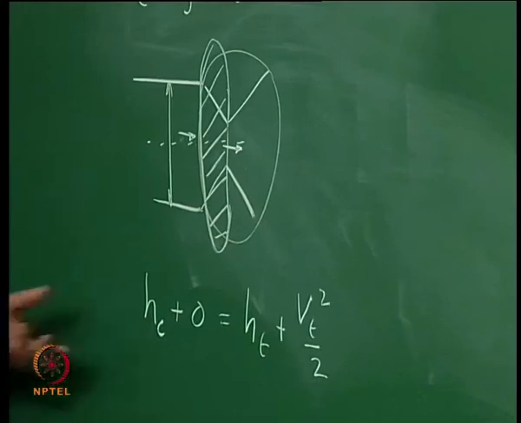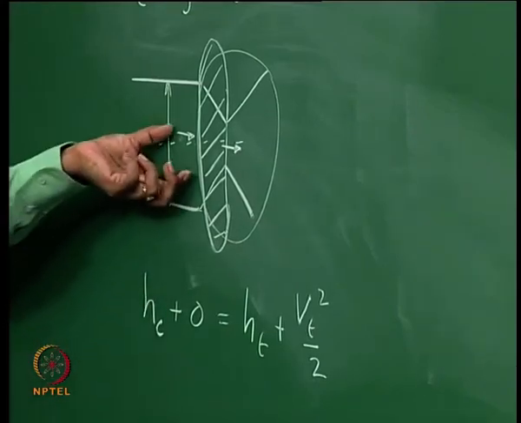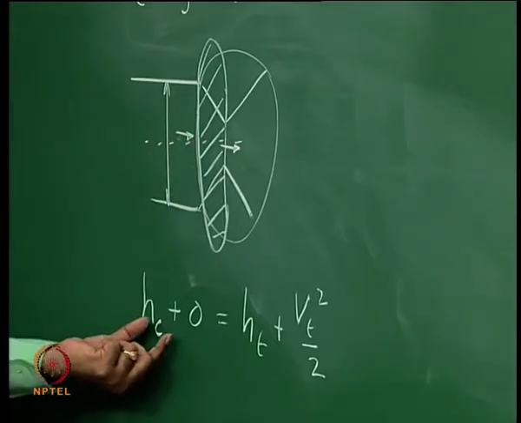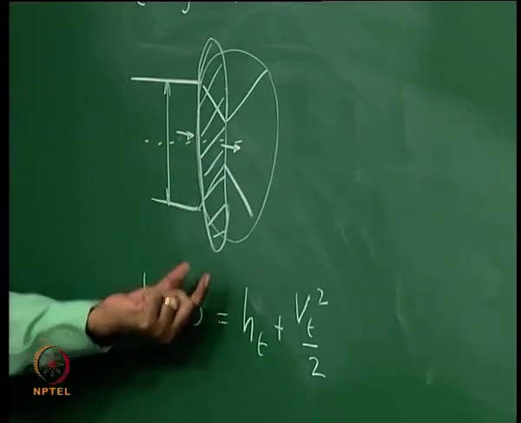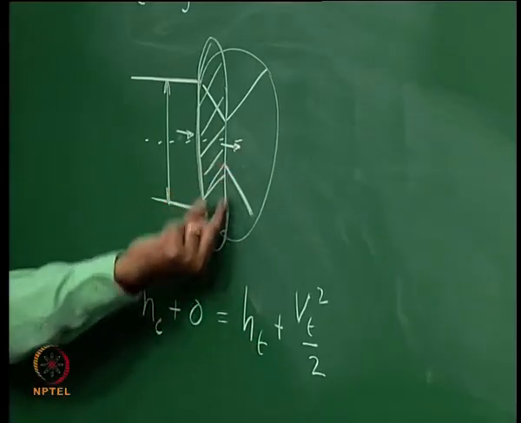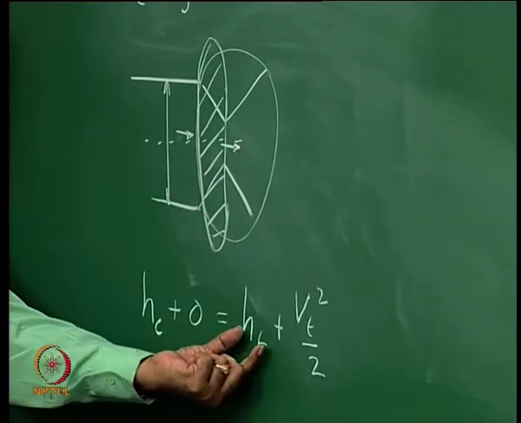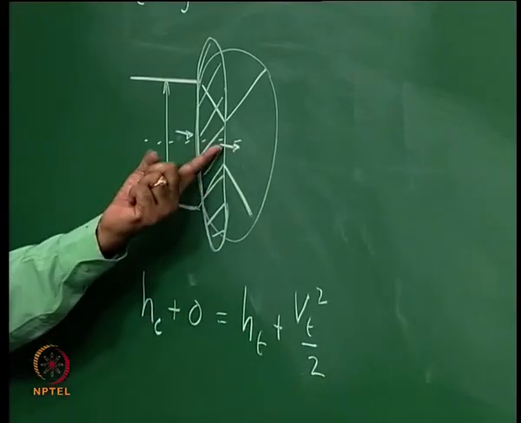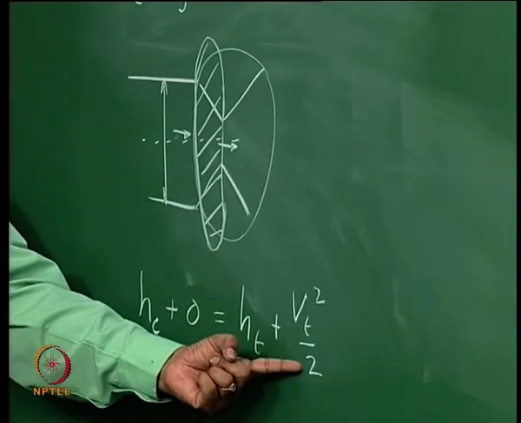This is a steady flow energy equation, same mass flow is there. Enthalpy comes in corresponding to this, initial kinetic energy is 0, at the throat the enthalpy is Ht and Vt is the velocity at the throat, kinetic energy at the throat is Vt squared by 2.